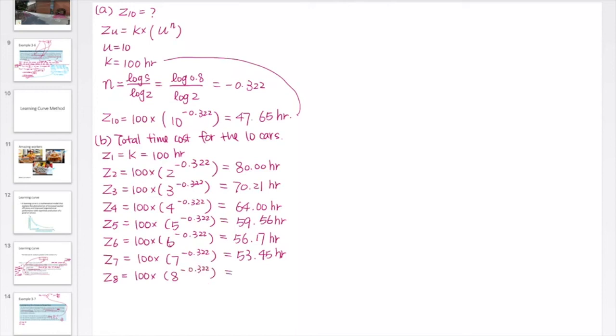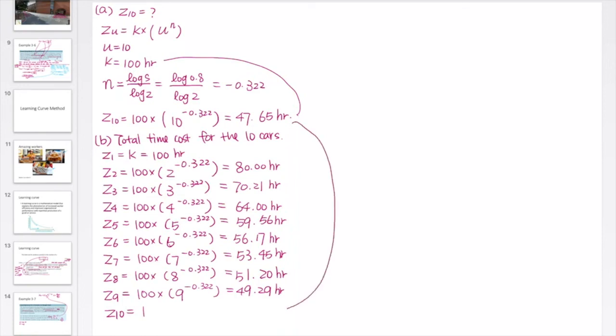You see, the only thing that changes in this equation is the u, because you're looking at different units of product. So this is 51.2 hours. Z9 is 100 times 9 to the power of n. It is 49.29 hours.